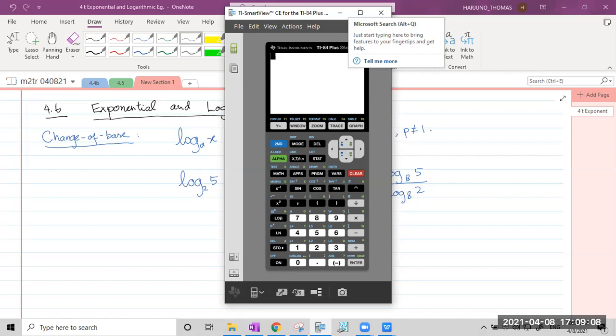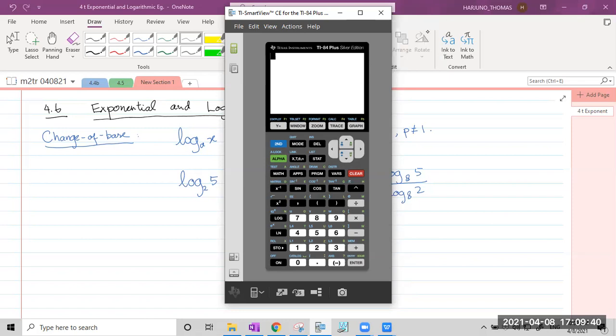If you have a TI-92 or TI-89, then you can have other bases, but those are graphing calculators. Even this one is a graphing calculator. The assumption is you don't use a graphing calculator. So every time you need to compute a log with a base other than E or 10, you need to show the change of base.